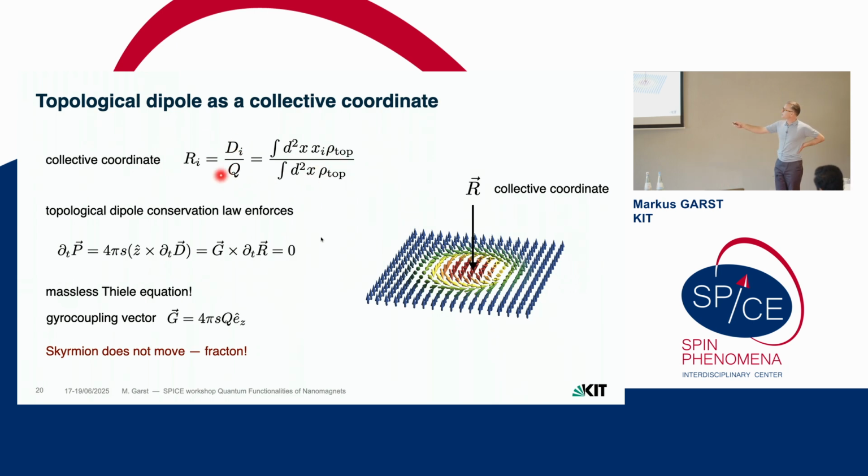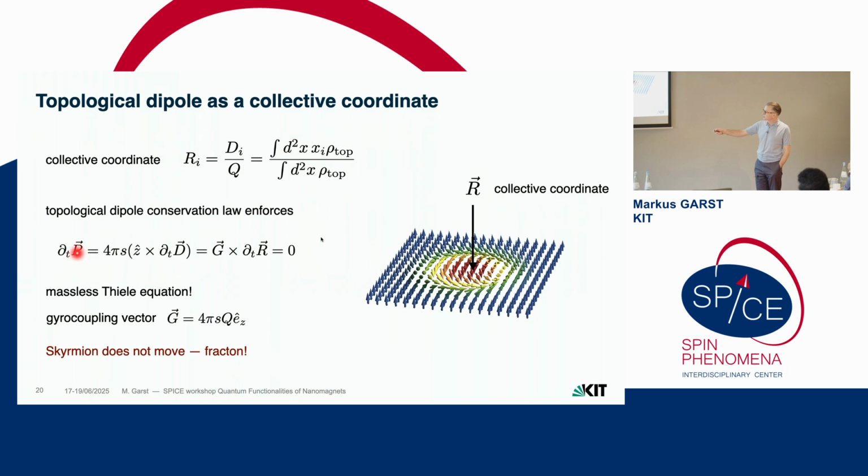So let's define a collective coordinate in that manner. Take the weighted topological dipole. Just for convenience, we weight it by the total topological charge, which is just an integer, but it looks nicer. Take that as a collective coordinate. Then the dipole conservation law enforces the following equation.